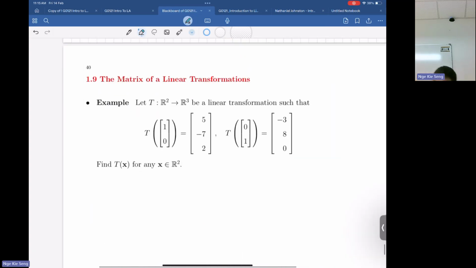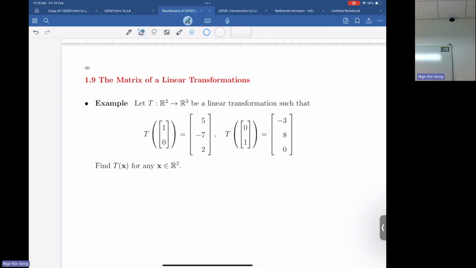Okay, continue. In the last hour, we said that every matrix transformation is a linear transformation. But now we're going to build a matrix for every linear transformation. Go backward. We want to go from linear transformation to matrix transformation.